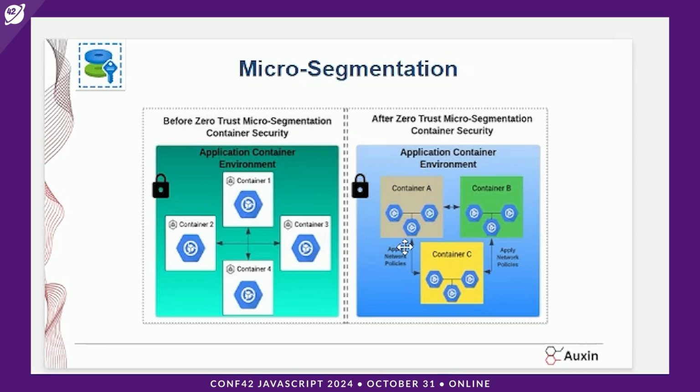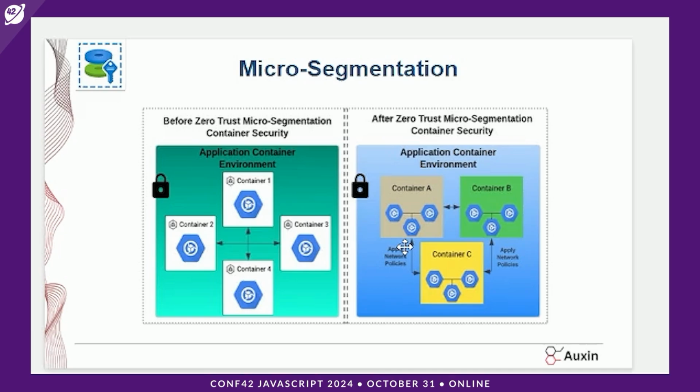Before zero trust, all containers within the application can communicate freely with each other, which increases the risk of lateral movement during an attack. After implementing zero trust microsegmentation, containers are segmented into isolated groups, each with specific security policies applied. This limits communication only to necessary components, reducing the attack surface and containing potential threats.